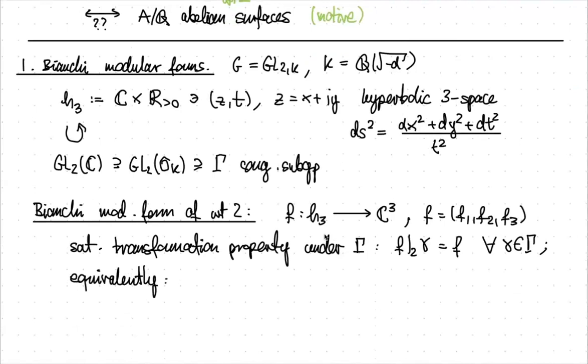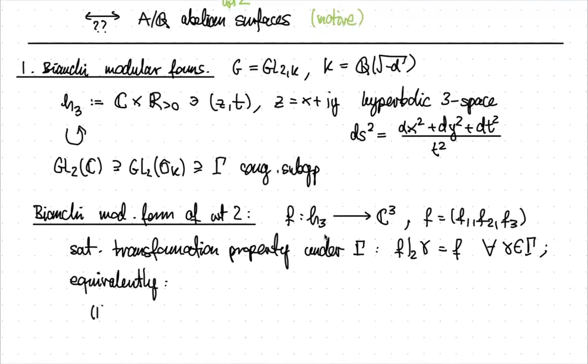Equivalently, the way the definition is set up is that if I write the following differential form, omega: F1 is the first function, and then I look at dz divided by t, minus the second function and dt divided by t, plus the third function dz bar divided by t.